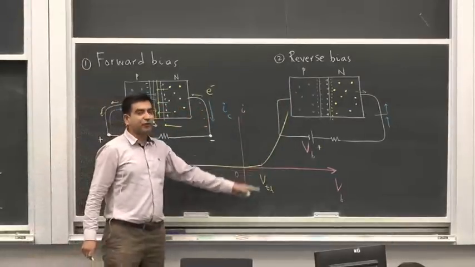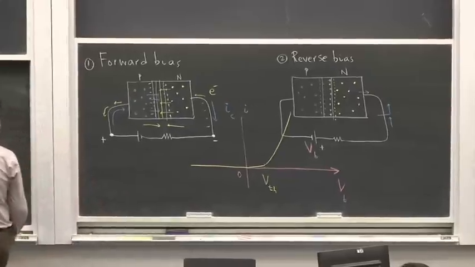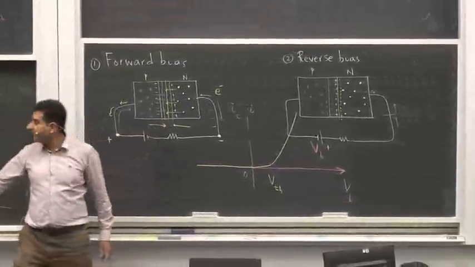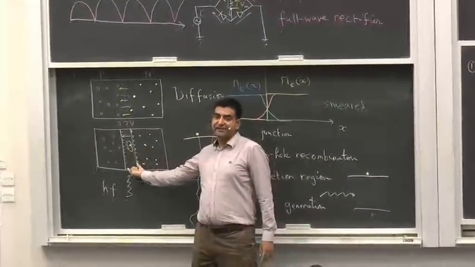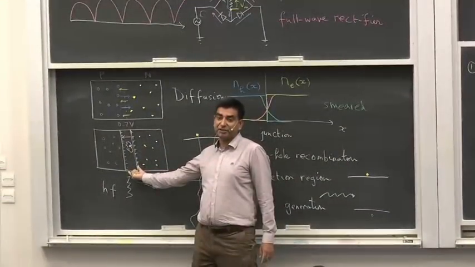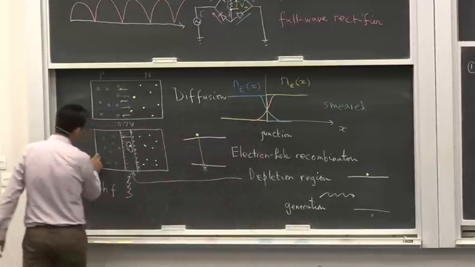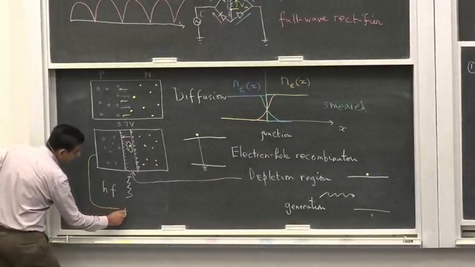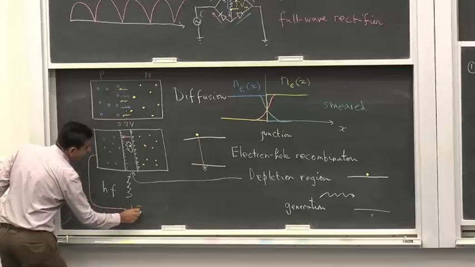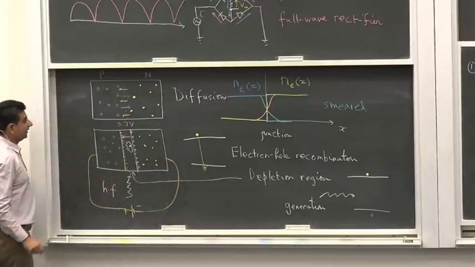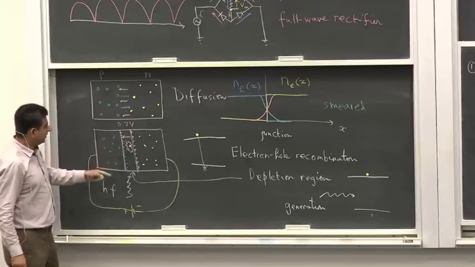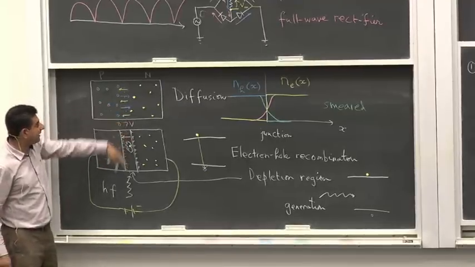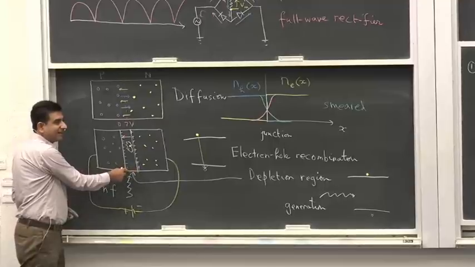Now this threshold voltage exists because even before you connect a battery, there is a capacitance in here. There is an inbuilt voltage in here. If you connect this to the positive terminal of the battery and this to the negative terminal, then consider this inbuilt voltage to be another battery with a positive terminal here and a negative terminal here.